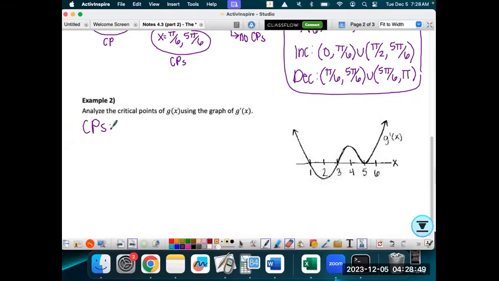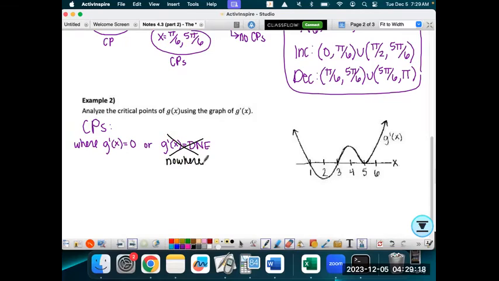So we have the derivative equaling 0. I'm going to cross this one off because that's not happening anywhere here.